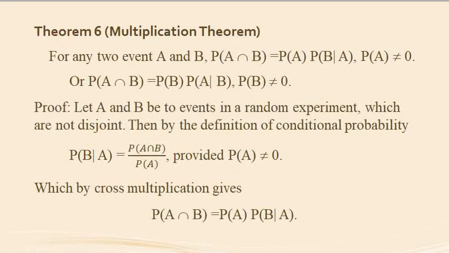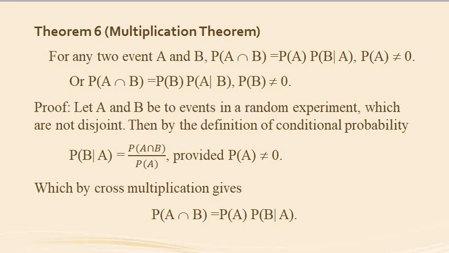Now the last theorem, that is the multiplication theorem. For any two events A and B, P of A intersection B equal to P of A into P of B given A, provided P of A not equal to 0, or P of A intersection B equal to P of B into P of A given B, provided P of B not equal to 0.